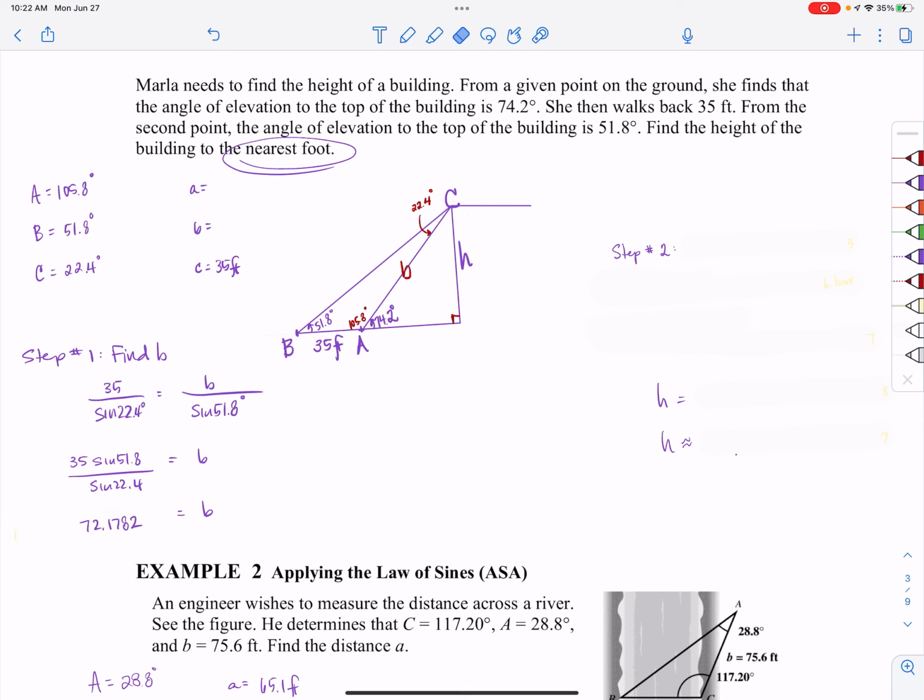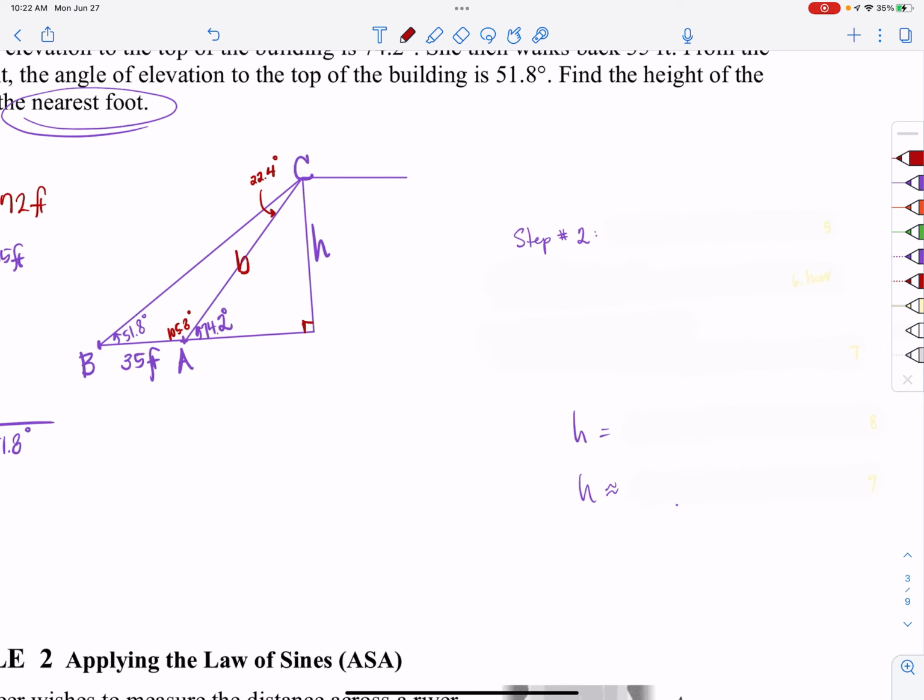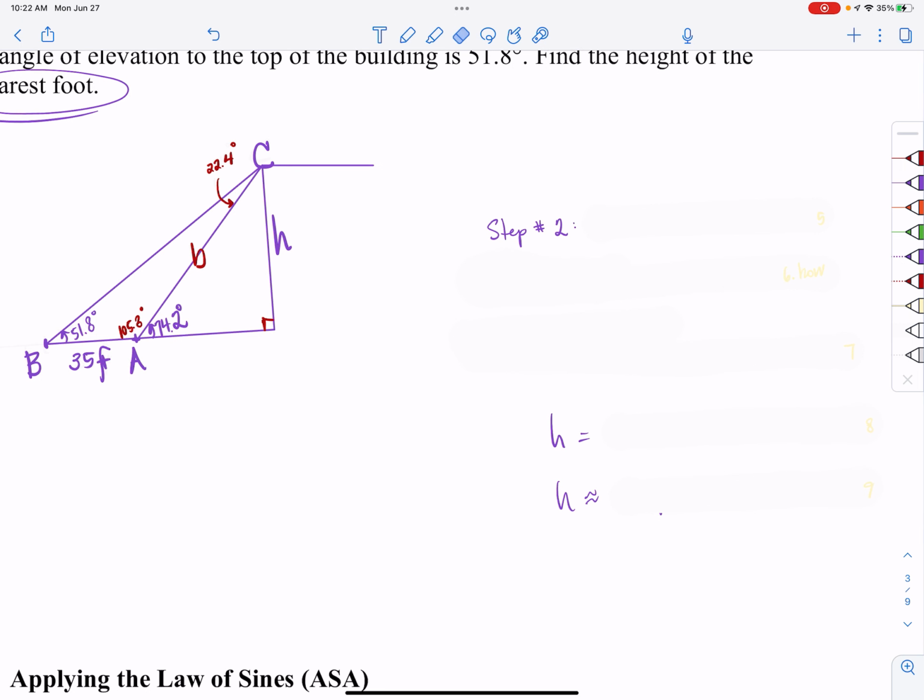Throw that into the calculator. We'll get this 72.1782 number. My directions tell me to round to the nearest foot, and so that is going to be 72 feet. Now, that wasn't what I was asked for, but it is going to help me find what I need to do. All right, so now step 2 is let's go find the height.